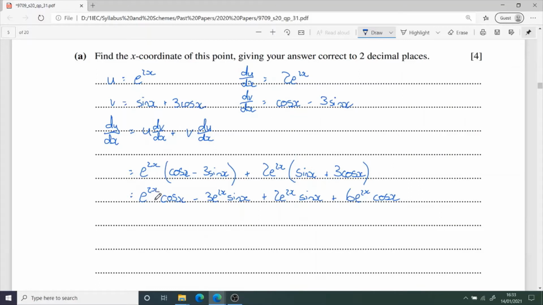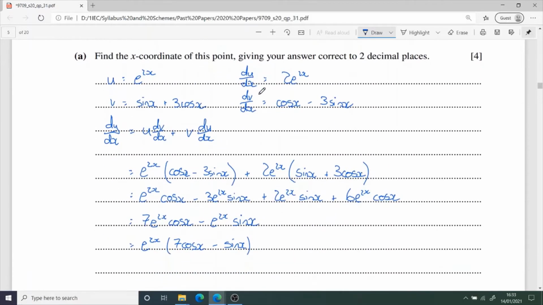So we end up with 7e to the 2x cos x and minus 1e to the 2x sin x, and then let's refactorise: e to the 2x, 7 cos x minus sin x. We're not asked to put it in its simplest form, but it's going to make life a little bit easier because we would have to do it sooner or later anyway.